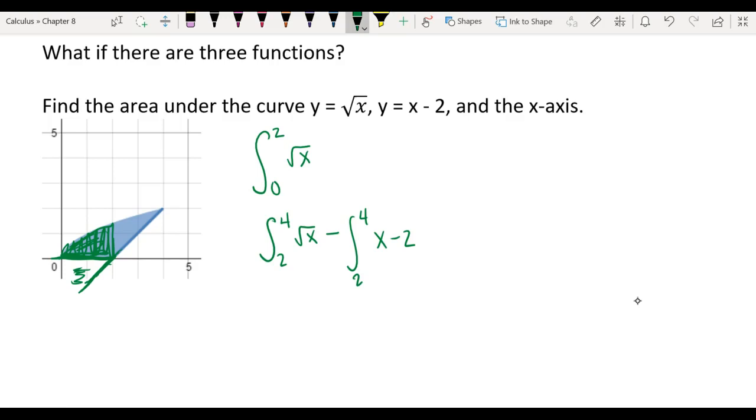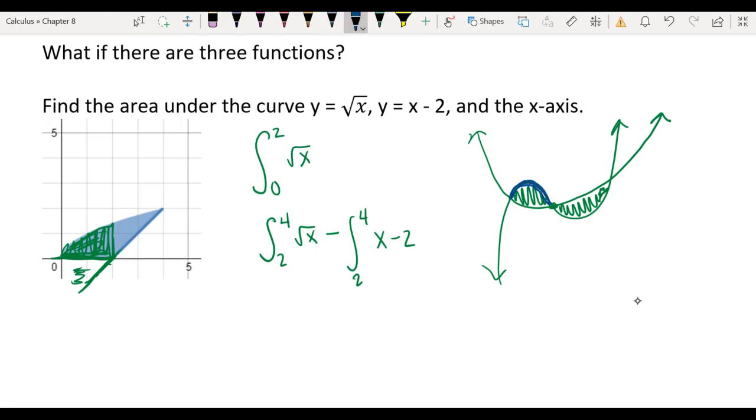Okay? The other thing that is common to happen is they'll give you an x to the third function, kind of like this, and they'll have an x squared function come through, and you have to find the two intersections. So what do you guys notice happens right here? On this one, this would be on top, and on this part, the other one goes on top.